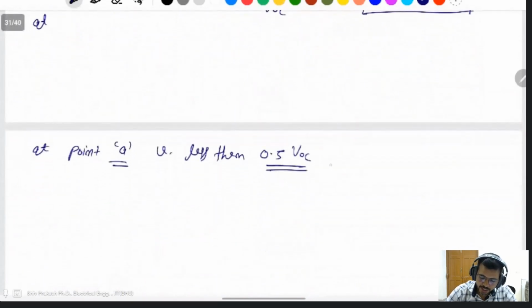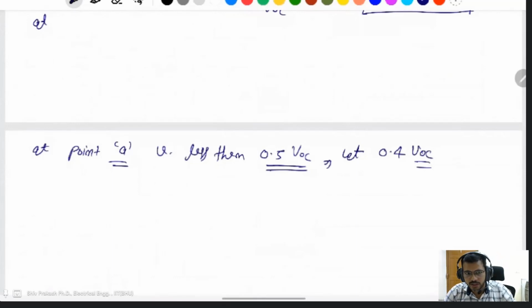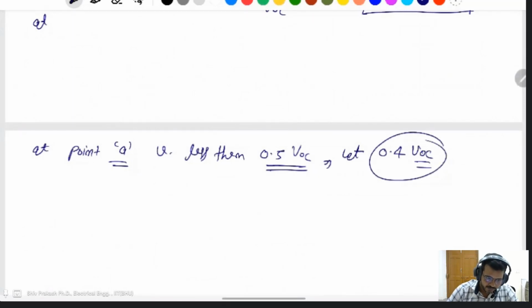Let us take 0.4 VOC, less than 0.5 VOC. Then dP by dV is equal to ISC into 1 minus 2V divided by VOC.